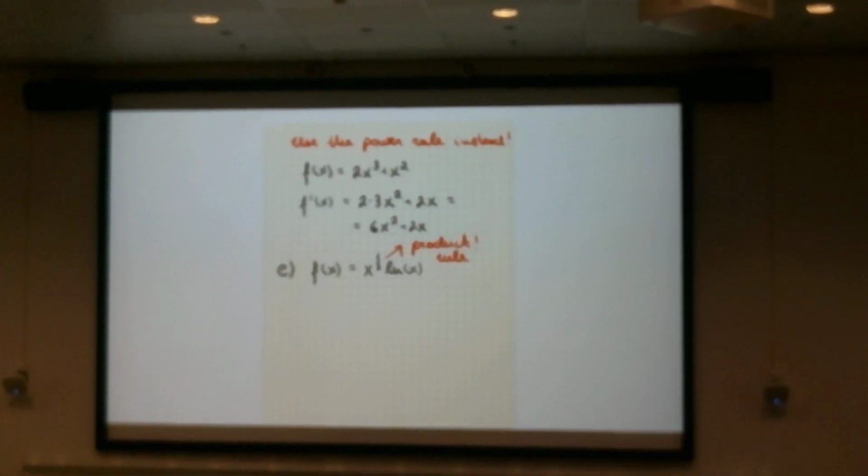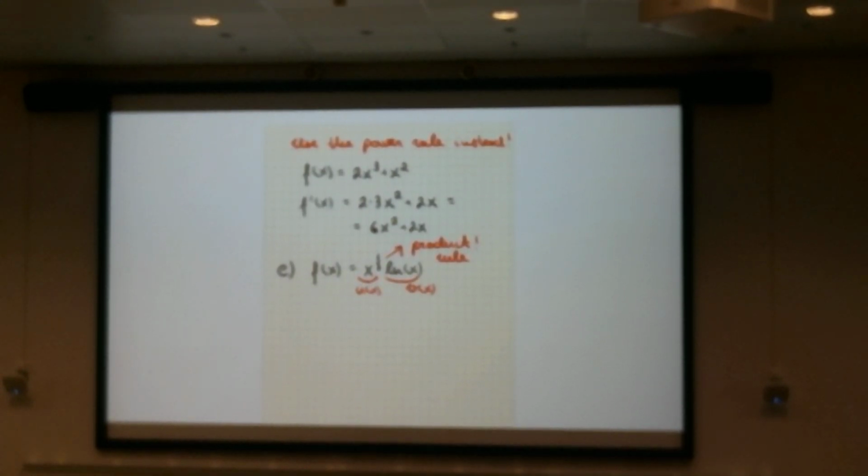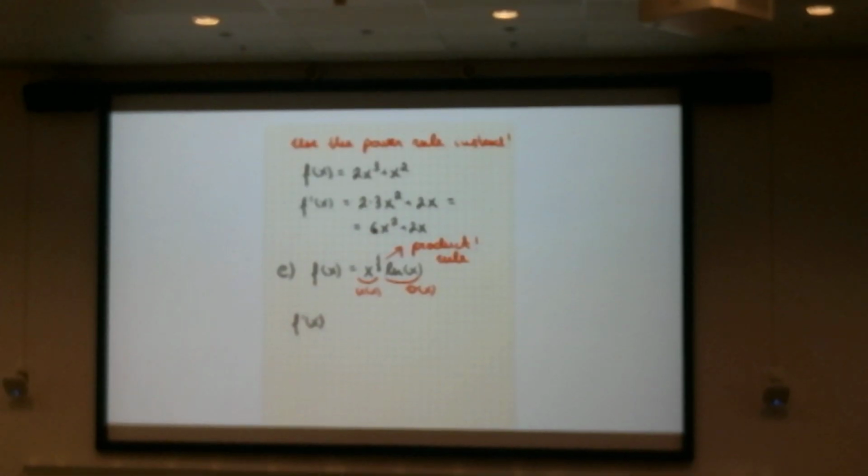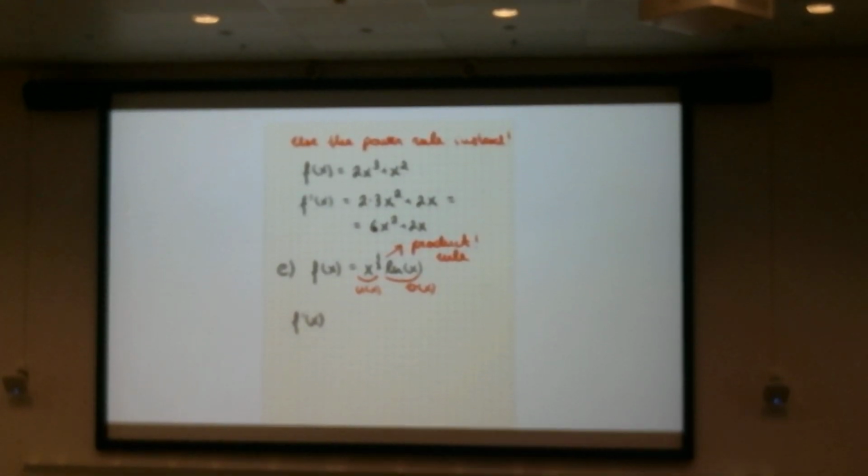rule. So should you use product rule? I always just give names. So this is going to be the u of x, this is going to be the v of x. Just to recognize that it's constituted by the product of two functions. Okay, so again, use the product rule. So the derivative of u of x, we don't look at anything else. We take the derivative of x to the power of 1 over 3 in isolation.